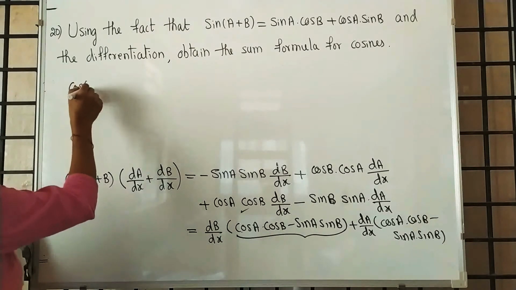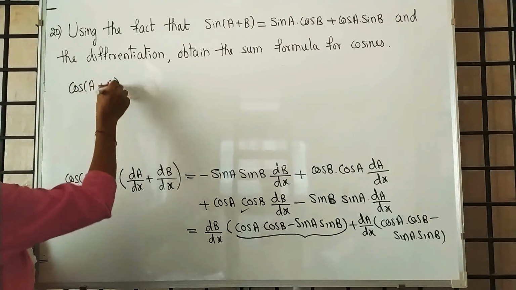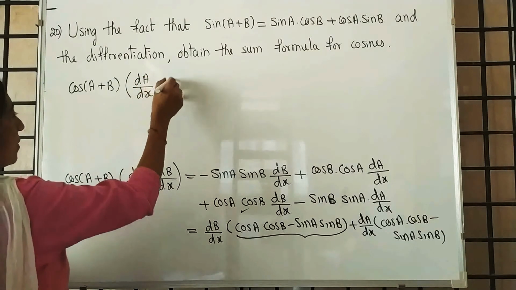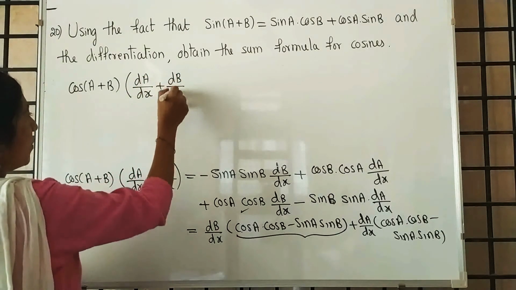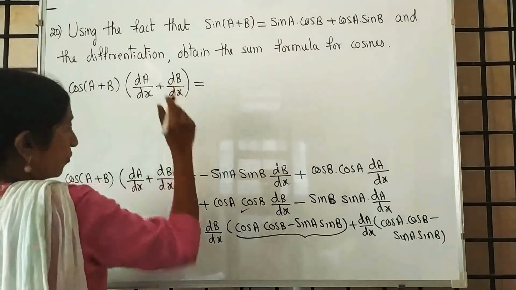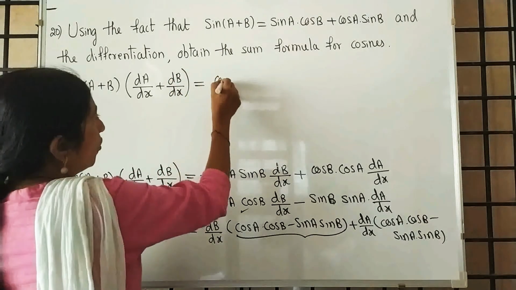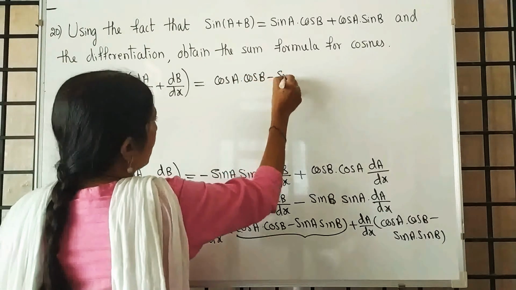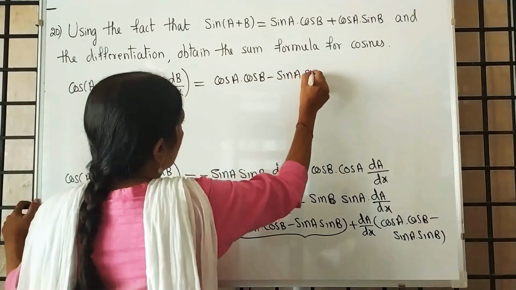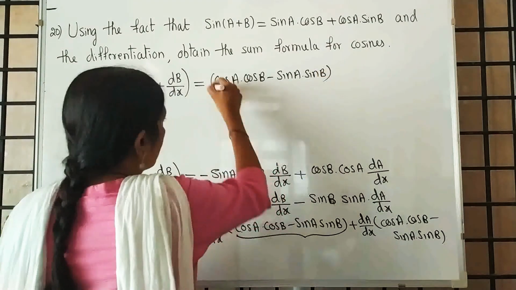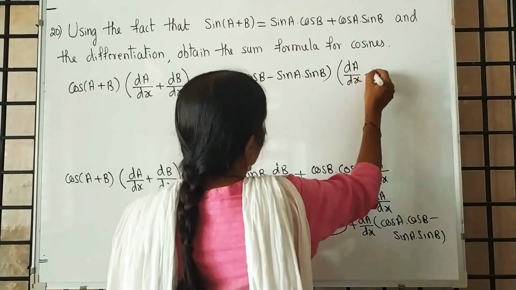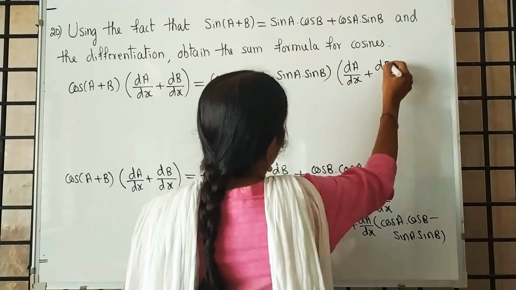Left side is cos(A plus B) in the bracket dA upon dx plus dB upon dx is equal to, take that bracket common, cos A into cos B minus sin A into sin B, in the bracket dA upon dx plus dB upon dx.